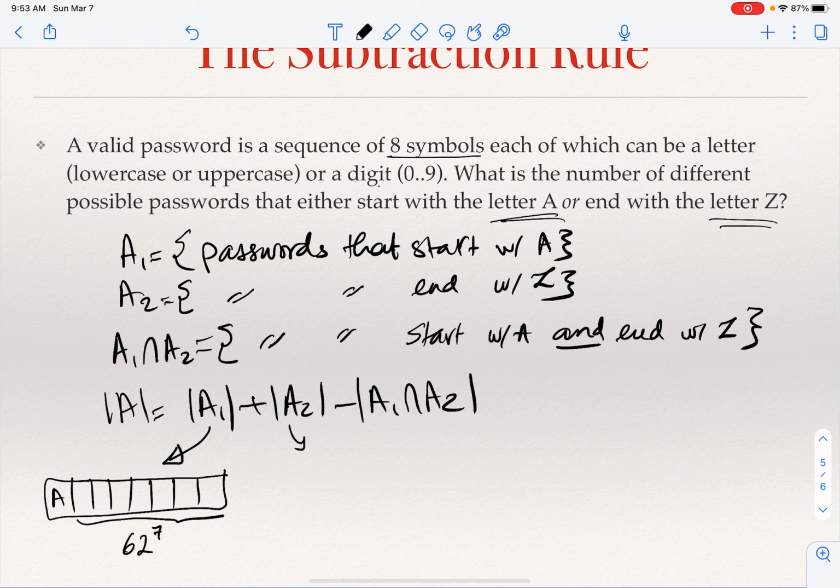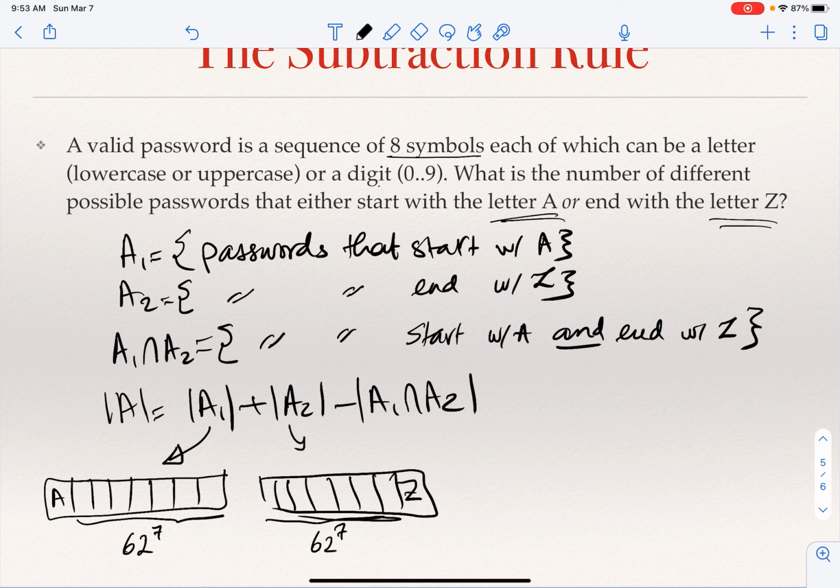Using the same reasoning for A2, the last one has to be Z, but the other 7 here can be any of the 62. Okay, so we have to count this, 62 to the 7th plus 62 to the 7th.